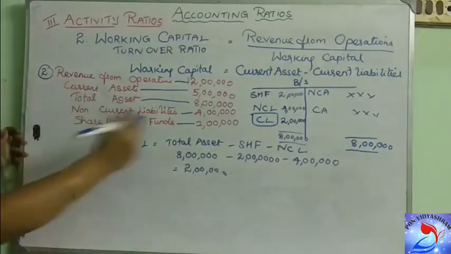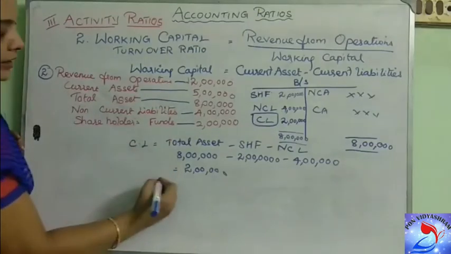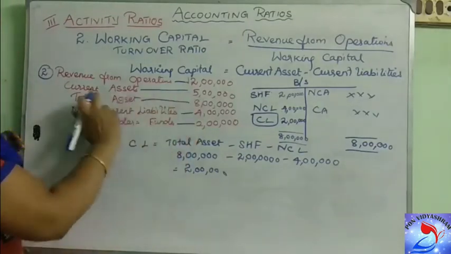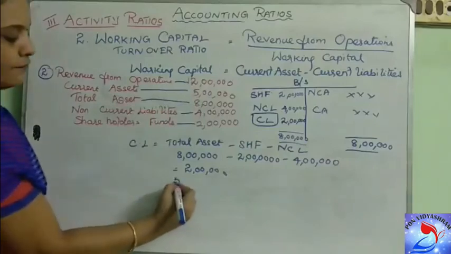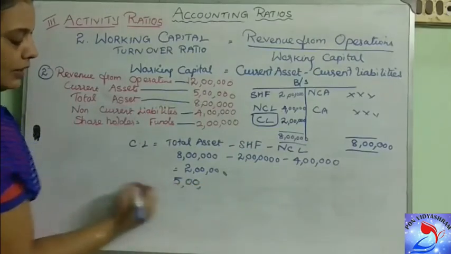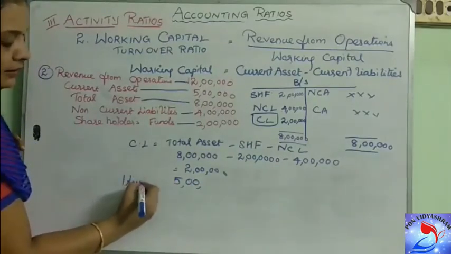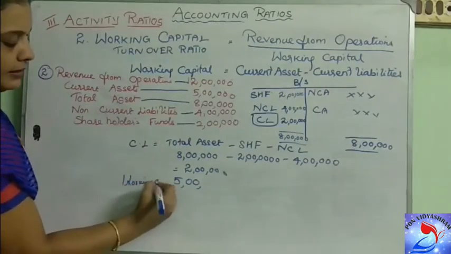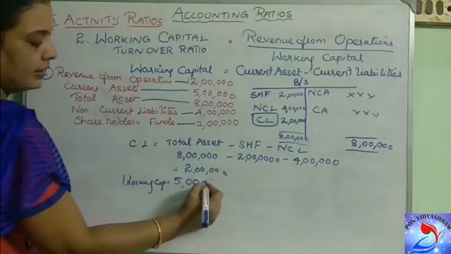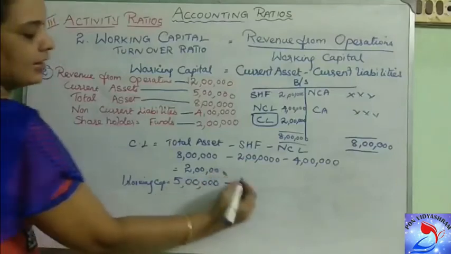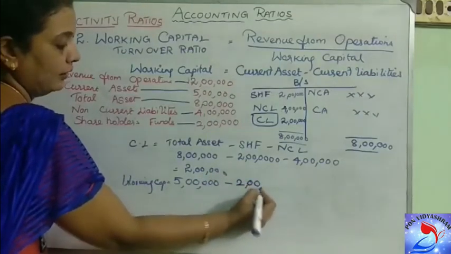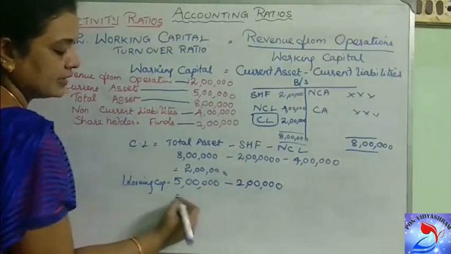So now we have the current liability. Current asset, how much is the current asset? 5 lakh. Now let us find out working capital. Working capital is equal to current asset 5 lakh minus current liability 2 lakh. So working capital is 3 lakh.